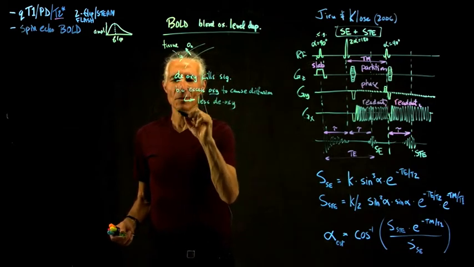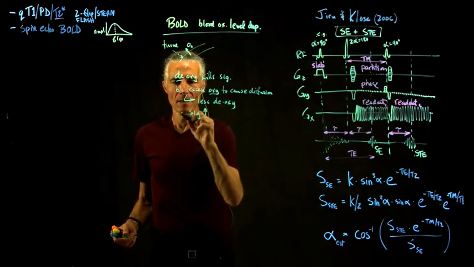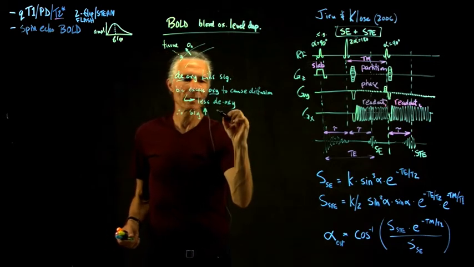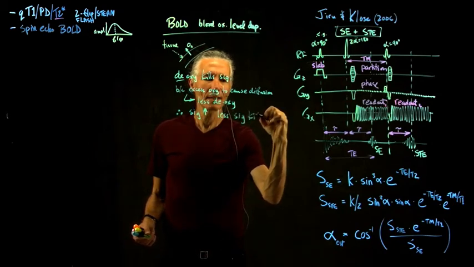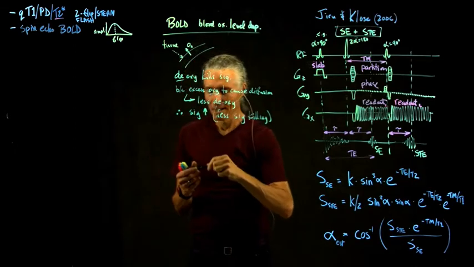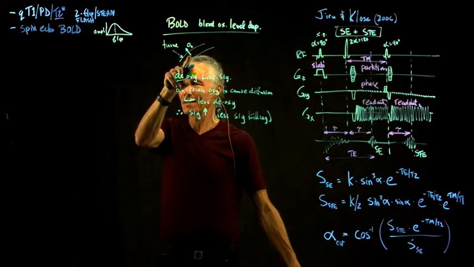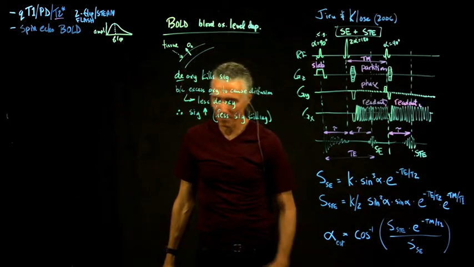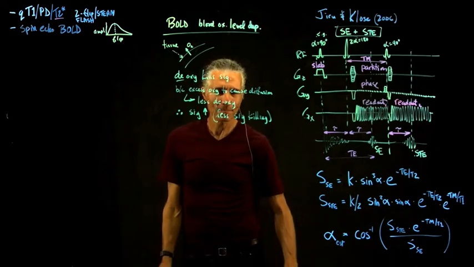So therefore, signal goes up, because there's less signal killing. So the deoxy kills the signal, but in the places that are using oxygen, there's more oxygen, strangely. That's the fundamental principle of virtually all functional MRI.